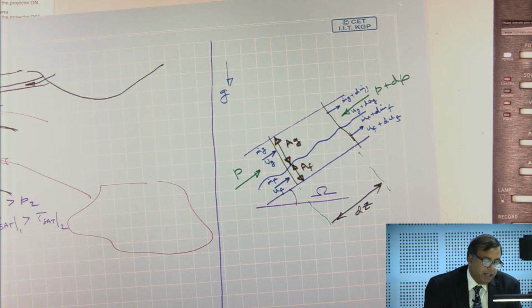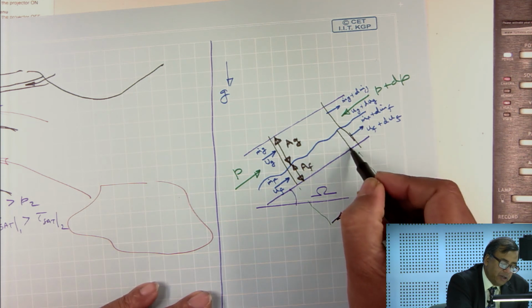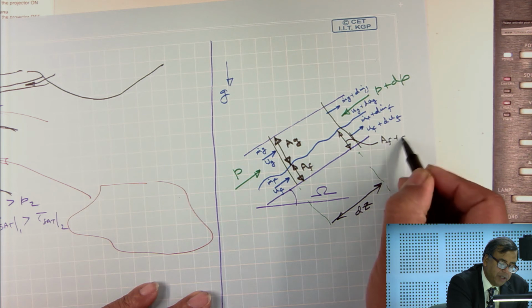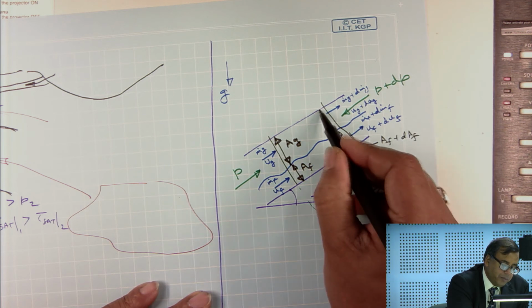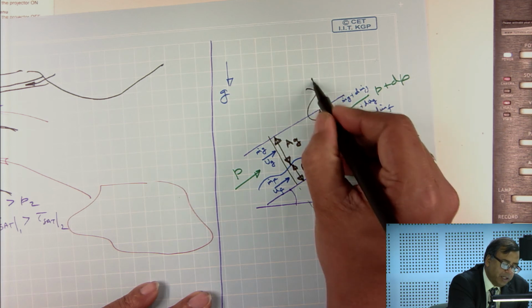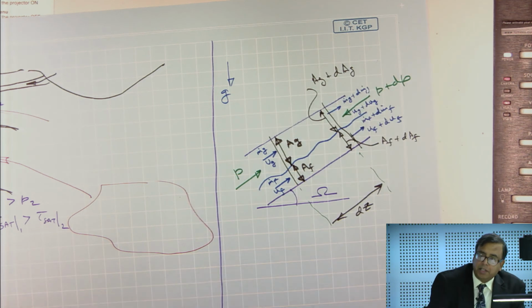So, at the inlet point, if the area is Af and Ag, on the outlet side my area can also be different, it can be Af plus dAf, and on the outlet side this could be Ag plus dAg. In other words, it can be a converging pipe, or it could be a diverging pipe. Okay. So, let us see what else am I missing.